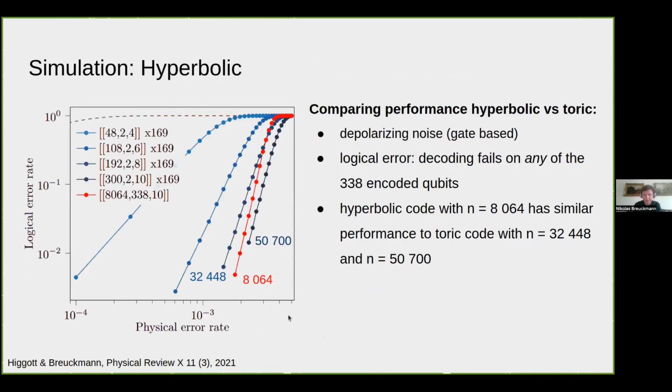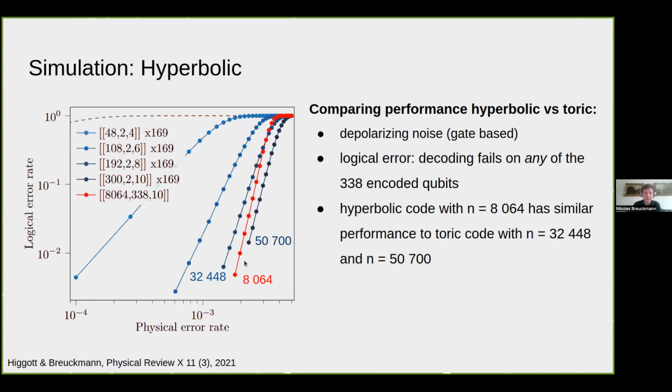Maybe to sell you on LDPC codes a little for practical purposes, you can perform numerical simulations under quite realistic noise models. In this example, we take a two-dimensional hyperbolic manifold and run it against the surface code or the toric code, which is the currently favored coding scheme pursued by IBM and Google and so on.